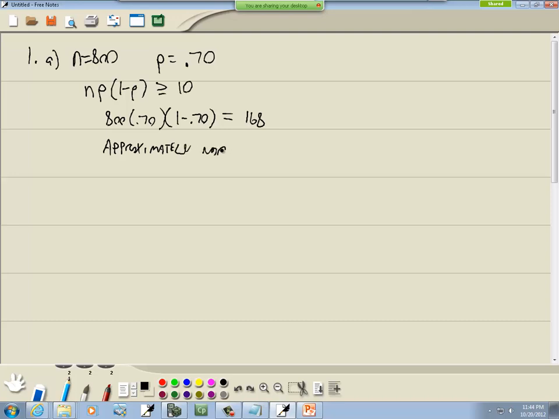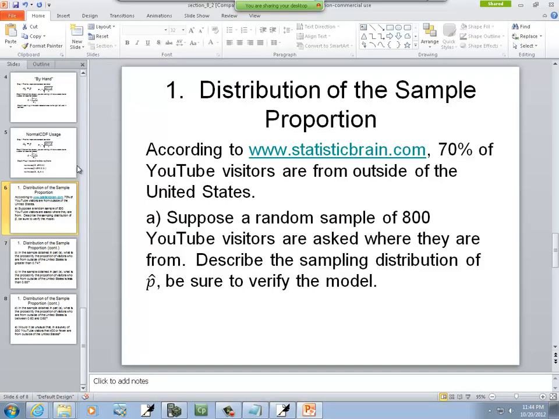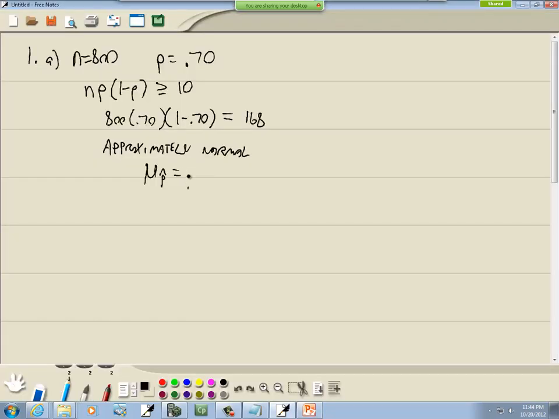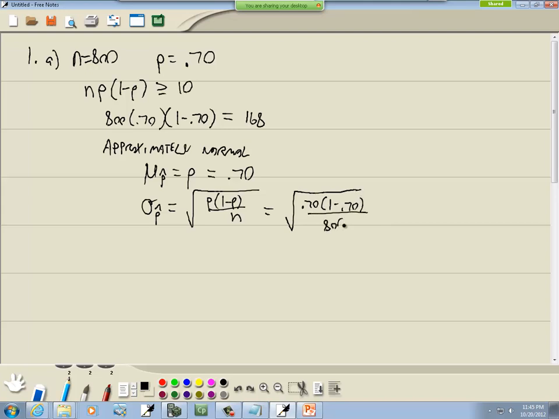So approximately normal with the following. Mu sub p hat, this is given over here, is equal to p, which is 0.70. Sigma sub p hat is equal to the square root of p times 1 minus p over n. So we've got the square root of 0.70 times 1 minus 0.70 divided by n, which is 800.